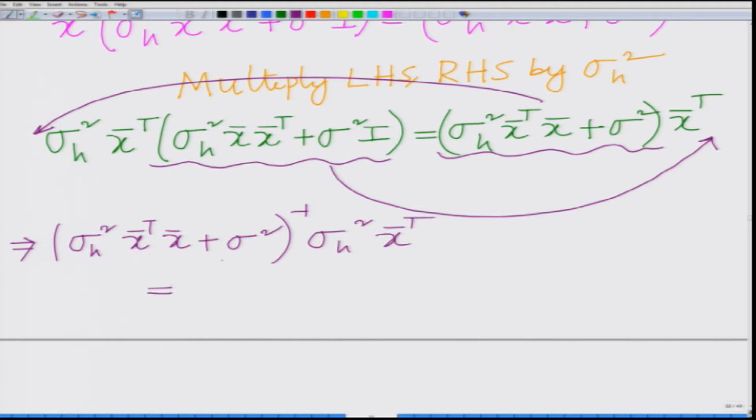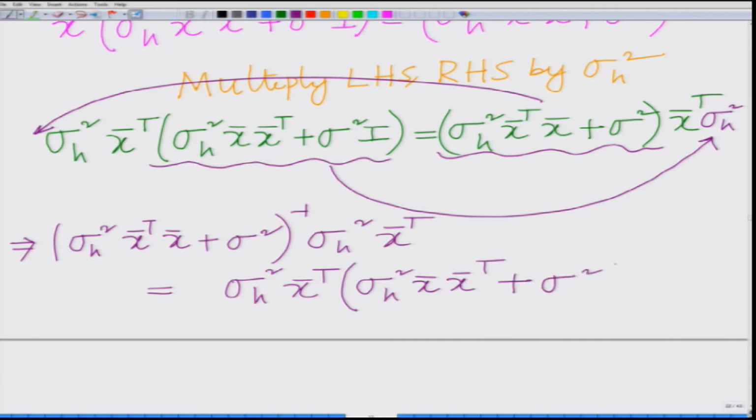This is equal to, take this inverse on the right, and of course I have to multiply by sigma h square, so this should be equal to sigma h square x bar transpose times sigma h square x bar transpose plus sigma square times identity inverse.